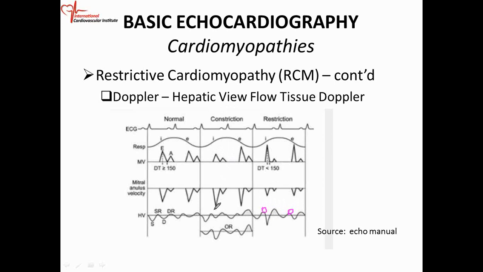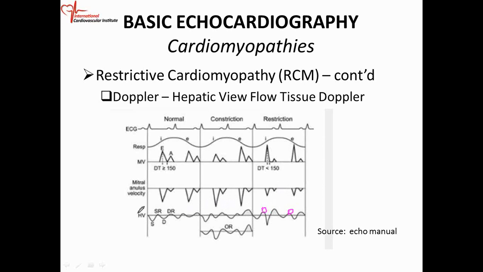So your E prime is actually pretty decent. As a matter of fact, there's an exaggeration of the E prime in a lot of these patients. So the E prime is actually very large as compared to restrictive cardiomyopathy, which is a muscle disease, and the E prime is small. In constrictive pericarditis, your E prime is huge.